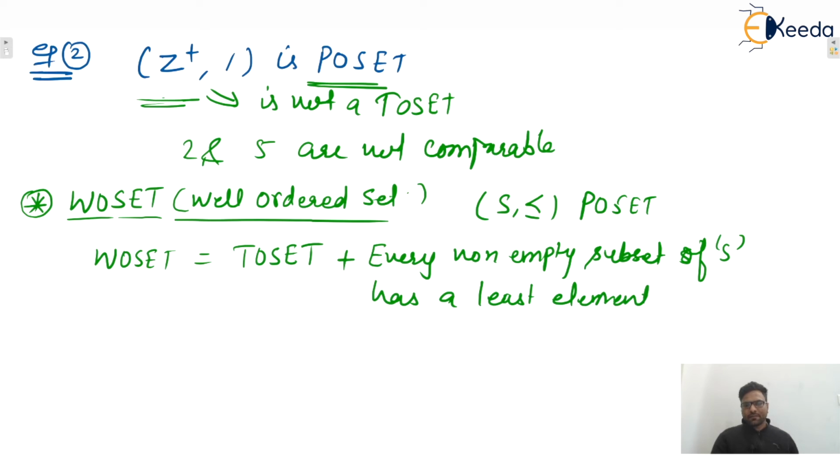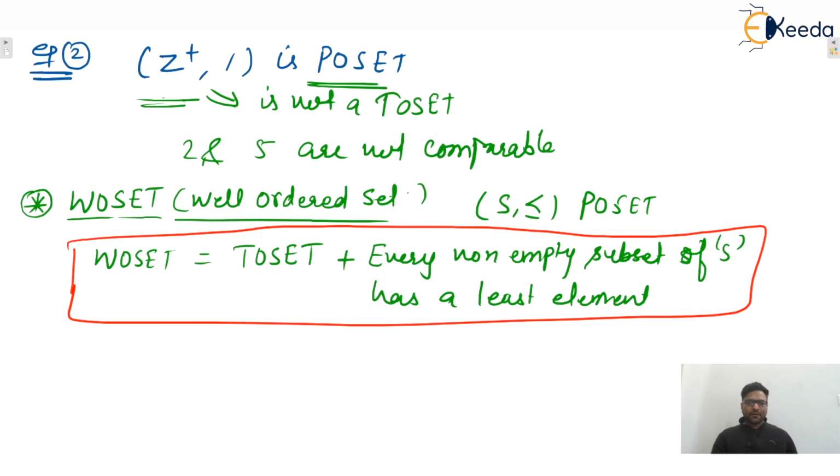So what does it mean? Yes, we will take one example. With that example, it will be clear to you guys. So a WOSET must first of all be a TOSET, and in that TOSET, every non-empty subset of S has a least element. Then only we can say that that TOSET is a WOSET as well.